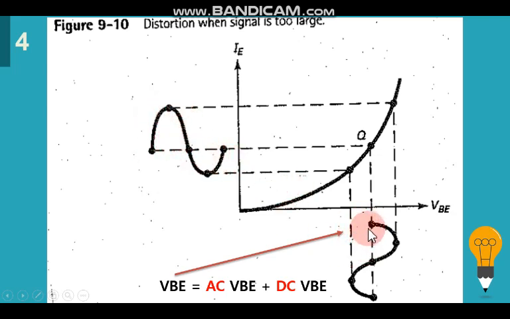So the frequency of input voltage source and frequency of output current will be the same, but the output current will not be the exact replica of the input voltage source, but it is slightly distorted. So this is called distortion. This elongation and this compression is called the distortion in AC signal.